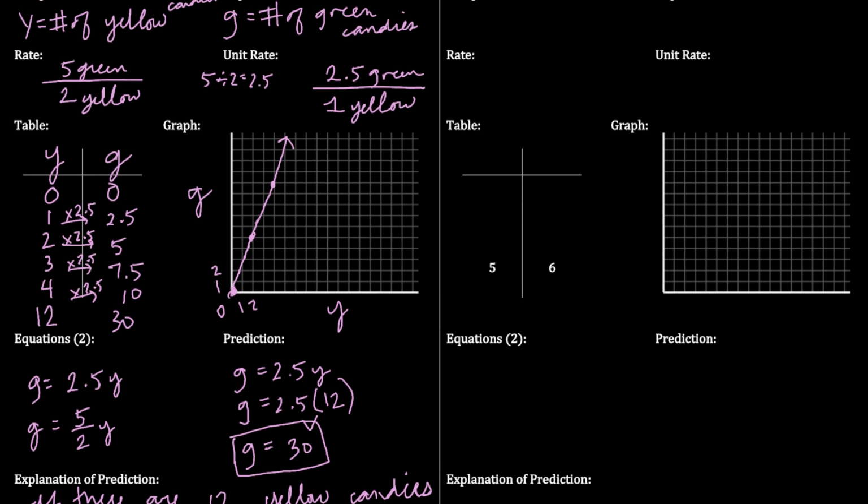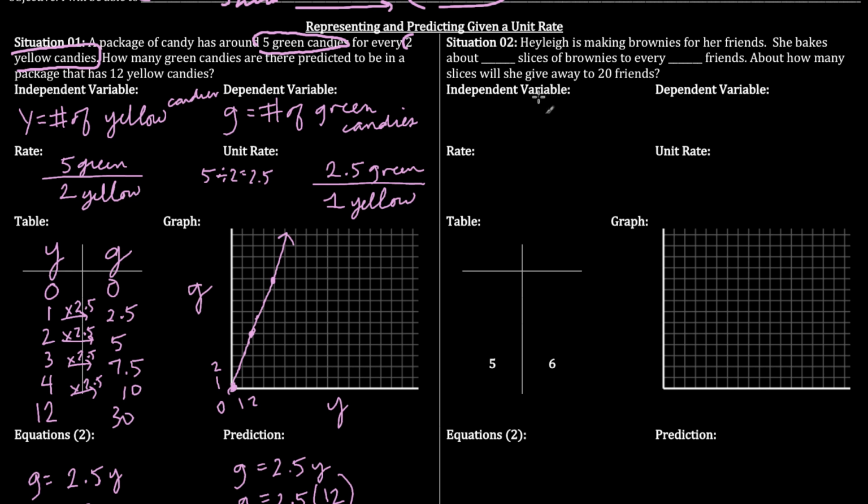Alright, example number 2. So Haley is making brownies for her friend. She bakes about blank slices of brownies to every blank friends. I'm sure that's worded weird, but y'all get the point. About how many slices will she give away to 20 friends?